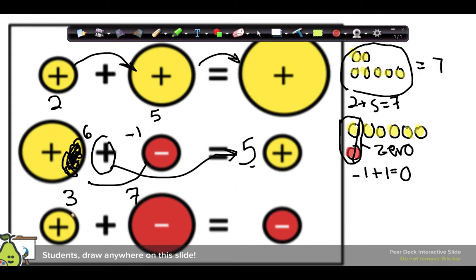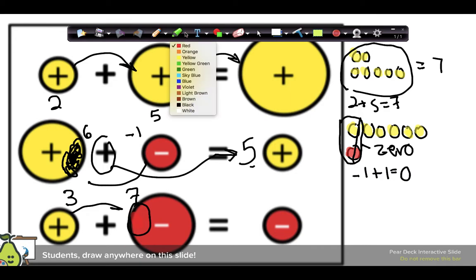So when we combine this, I'm going to draw this in. If we were to combine that, whoops, I want it to be yellow. Oops, still not yellow. There we go.